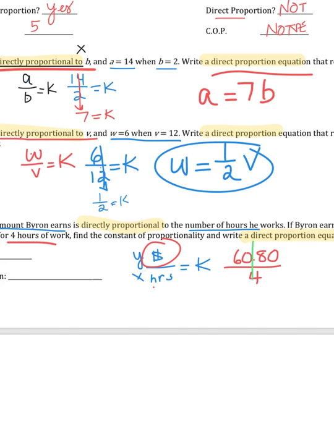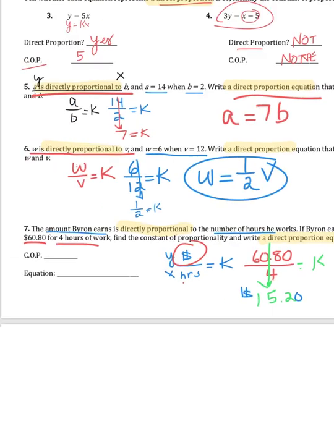And if I divide that down, that will give me my k, my constant. And using my calculator, I just go $60.80 divided by 4, and that will give me 15 and 2/10, which, if it's money, $15.20 would be my constant.